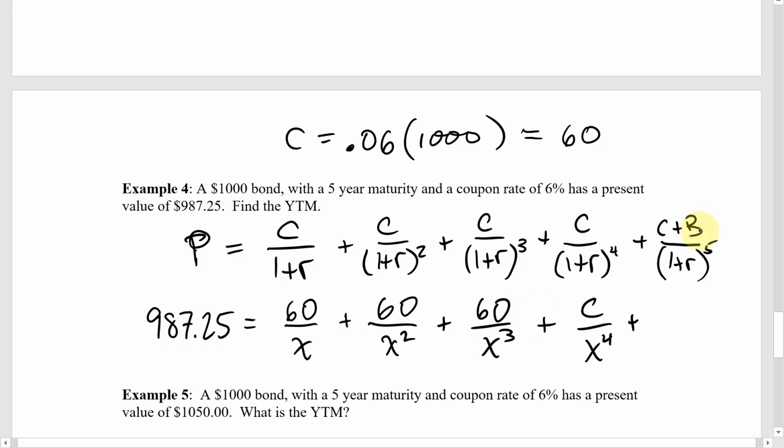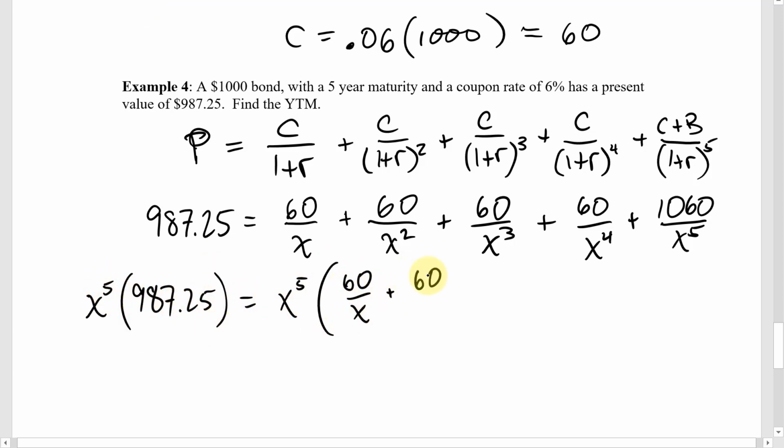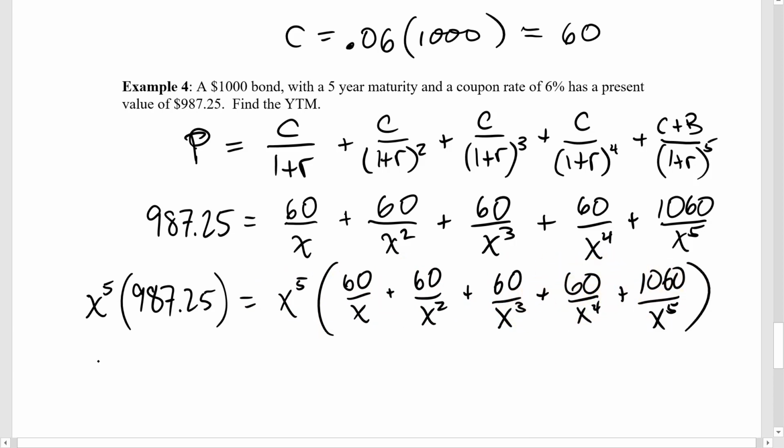And that's the face value, 1,000 plus 60. Now we can multiply both sides by X to the 5th. That's the common denominator.